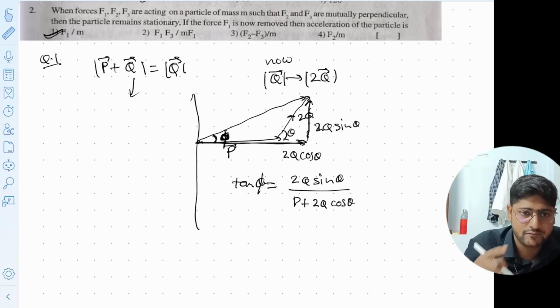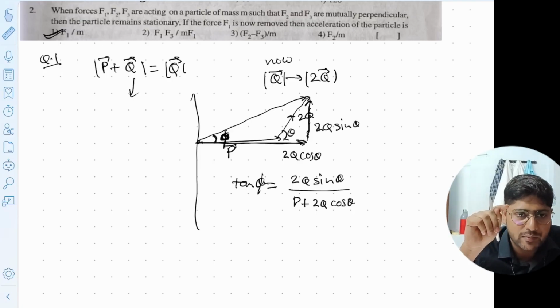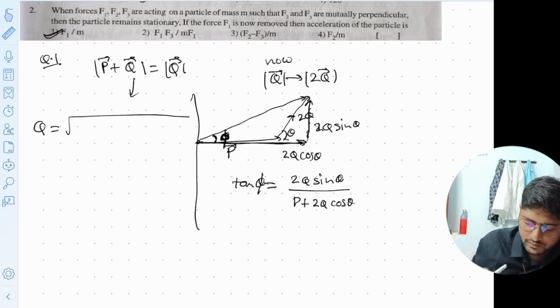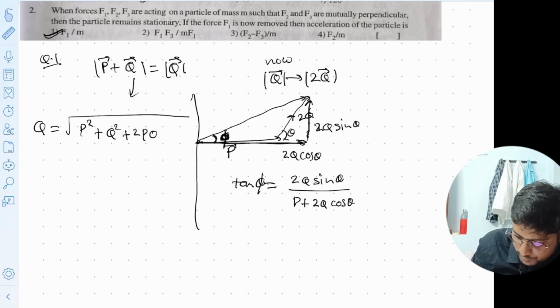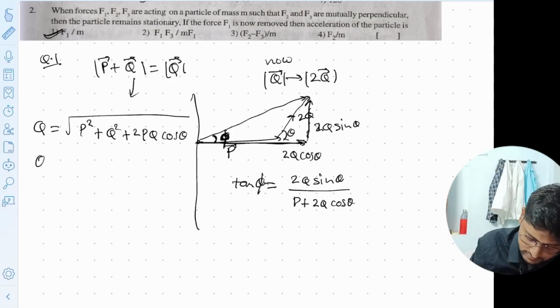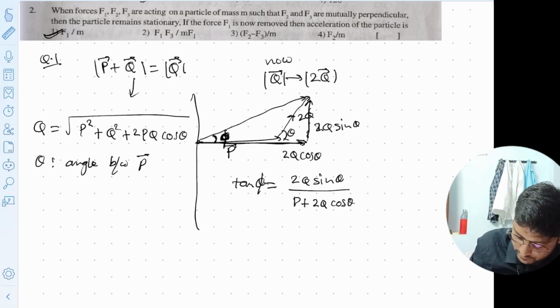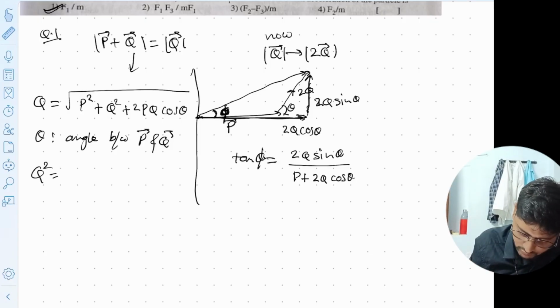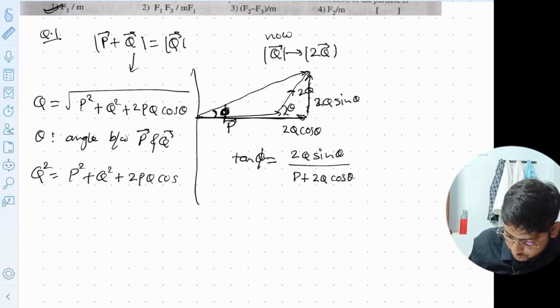So according to the first equation, the magnitude of vector P plus Q equals Q. We can write Q equals the resultant, which will be the square root of P square plus Q square plus 2PQ cos theta. Theta is the angle between vector P and vector Q. So square both sides: Q square equals P square plus Q square plus 2PQ cos theta.